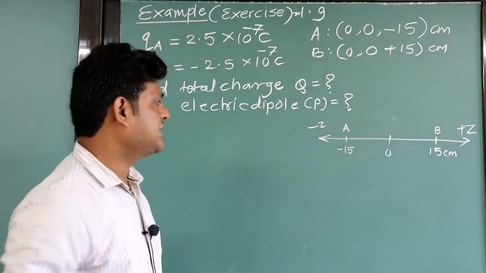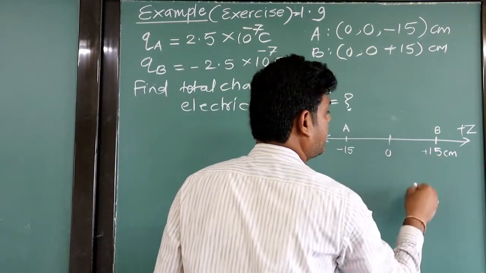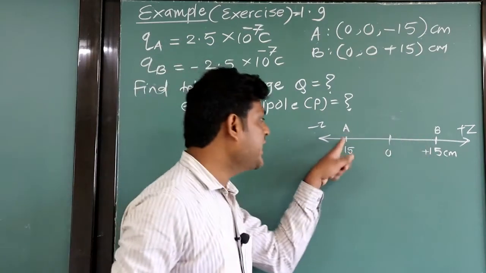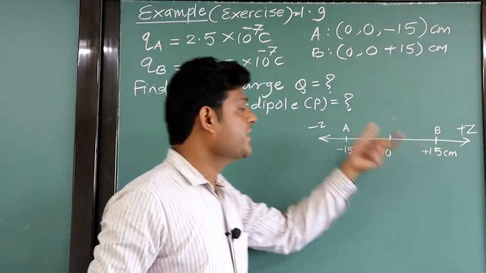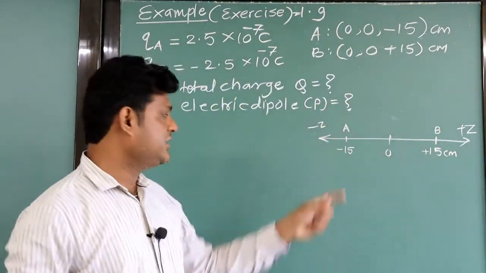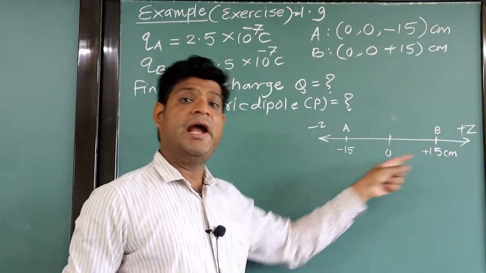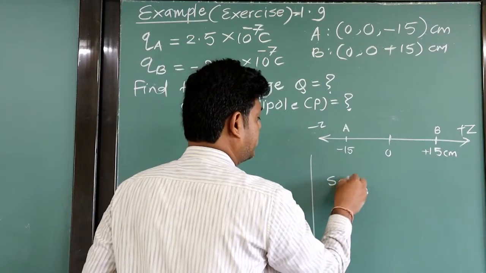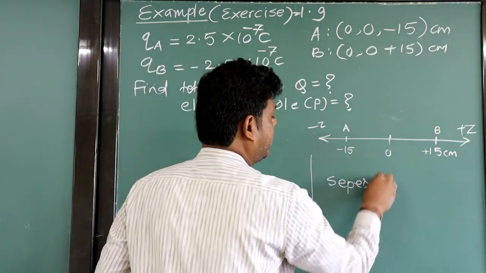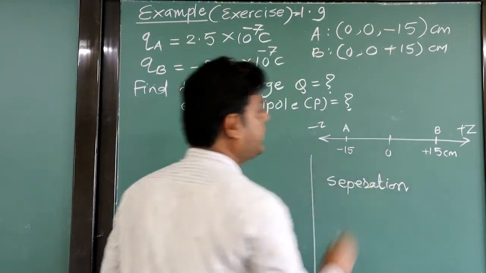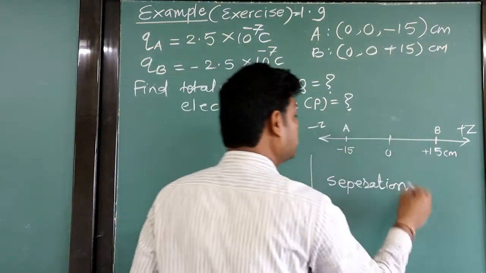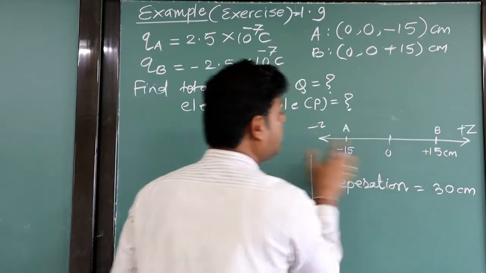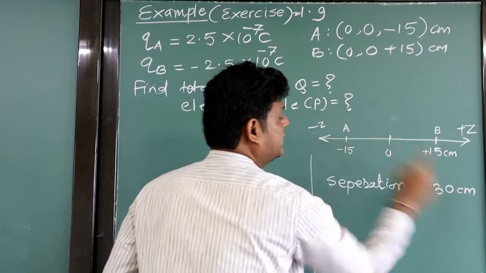So this is the plus 15, and the minus 15. This is the QA charge, and this is the QB charge. From this we can find the separation between QA and QB. The distance between A and B is 30 centimeter.